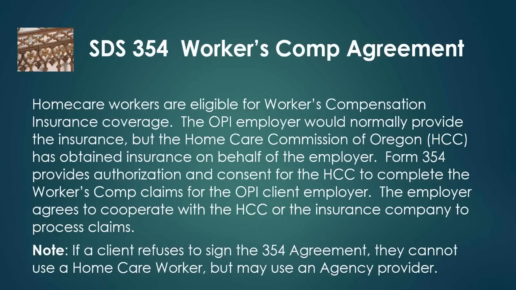So for that reason, I would recommend a task list that actually comes from Access, that is developed by the case manager or OPI worker, and that clarifies what the authorized task was for workman's comp purposes.